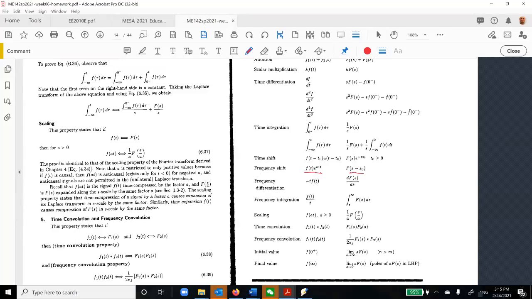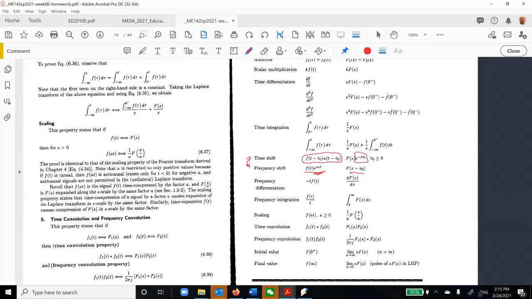This is a frequency shift, an exponential here. But if you have a delay in here, a time shift, we're talking about this one. So you have this one. You can see these two have some symmetry.